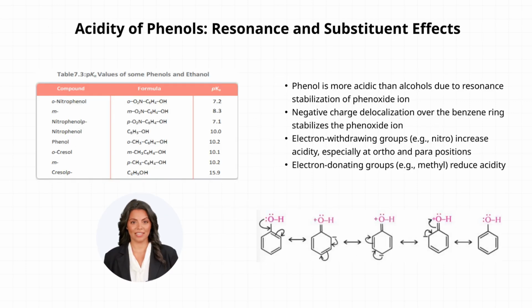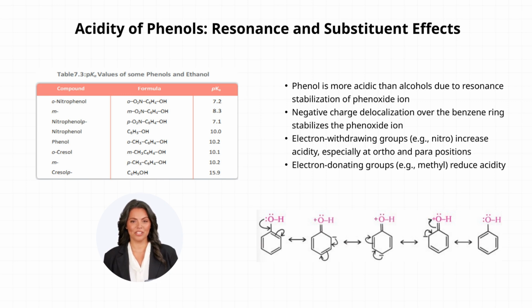Phenols are fascinating because their acidity is quite unlike that of alcohols. The key lies in resonance stabilization. Look closely at the first image displaying the resonance structures of phenol. The phenol molecule's oxygen atom can share and delocalize its lone pair electrons with the benzene ring's pi system.